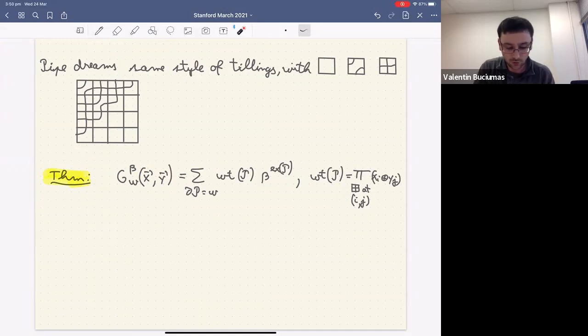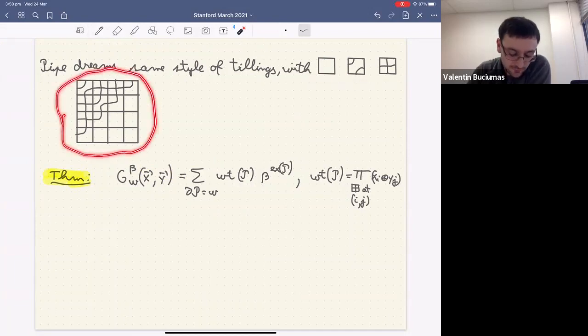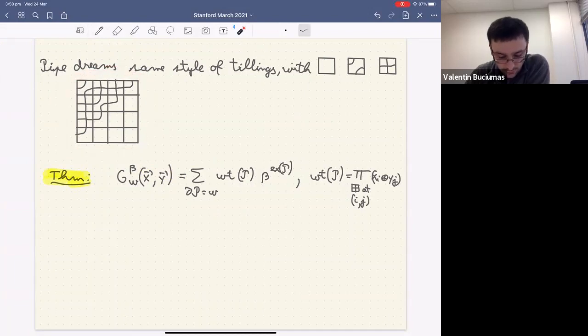So there's this model, and now we can introduce other combinatorial objects, which are called pipe dreams, and they will be the same style of tilings of n by n grids, but now we only use the following squares. We use the empty square and these two squares. So for example, this is one example of a pipe dream.